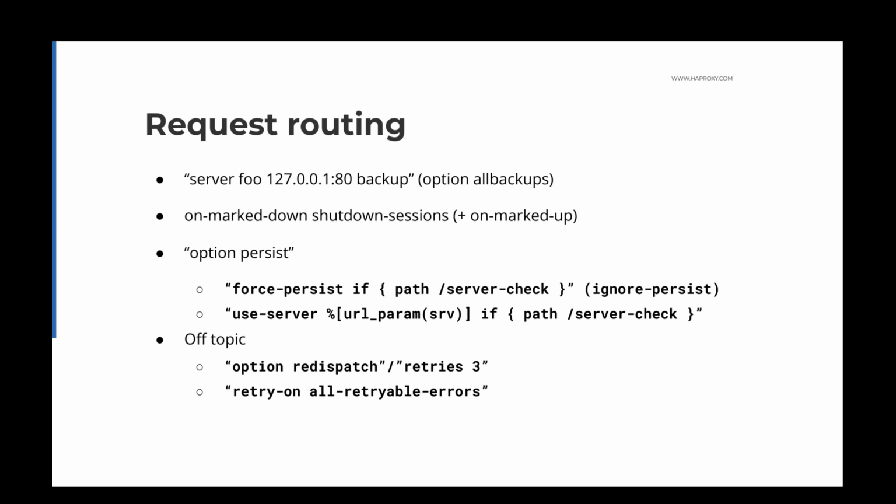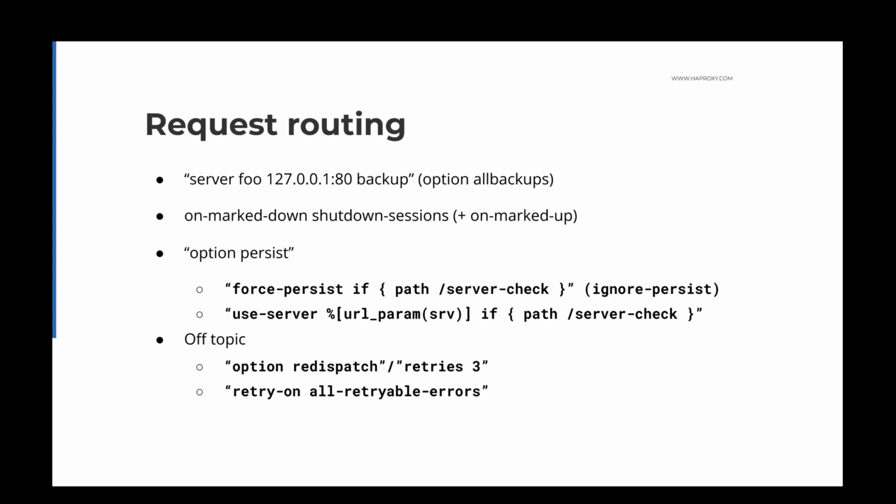Option persist tells HAProxy that persistent sessions can continue to use down servers, though generally that is not desirable. Normally, even for a persistent connection, if a server fails its health checks, HAProxy will just reassign it to a different backend server. But you can tell it to do that.